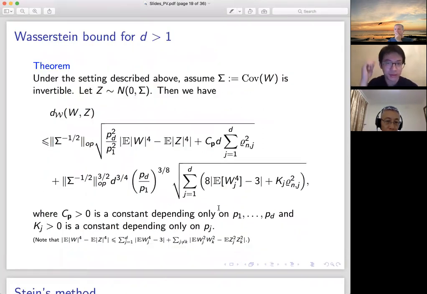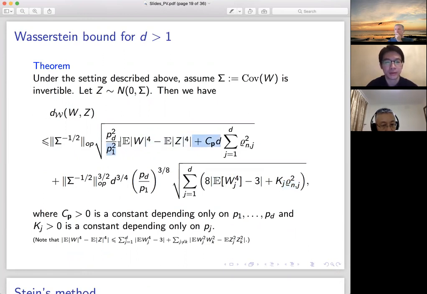So this is our result. It's slightly complicated, but it again involves a third moment condition for each component of this vector, and this maximum influence quantity.